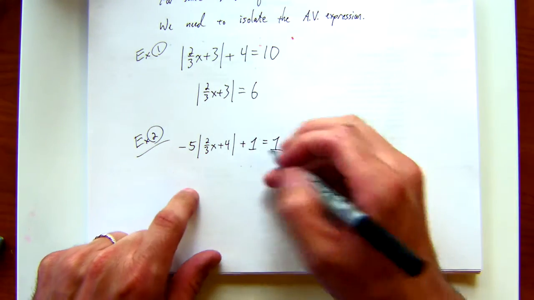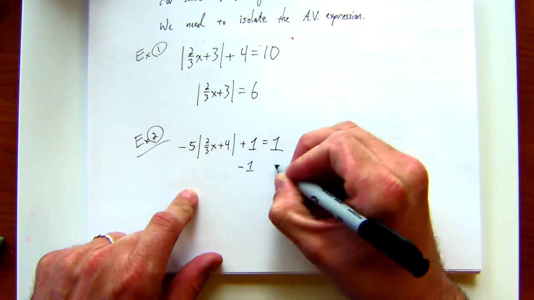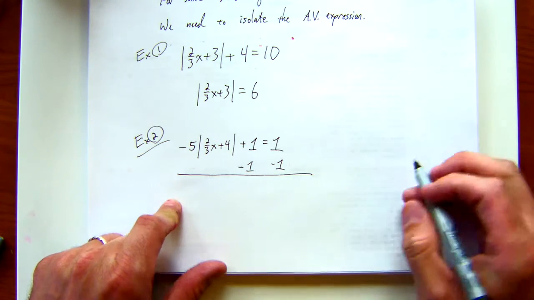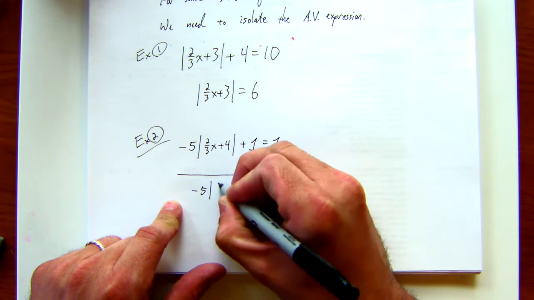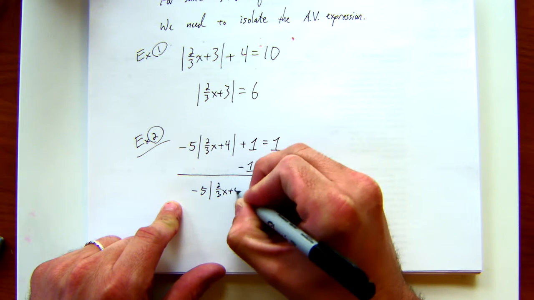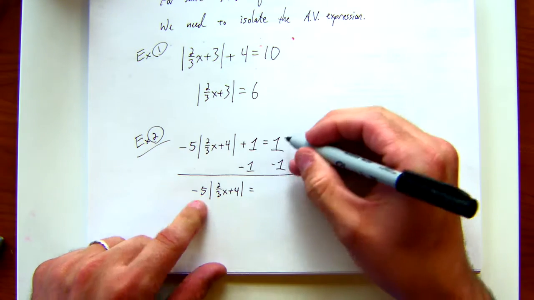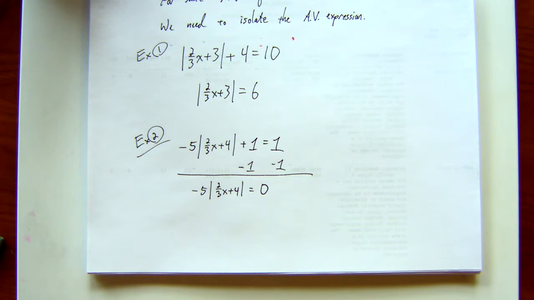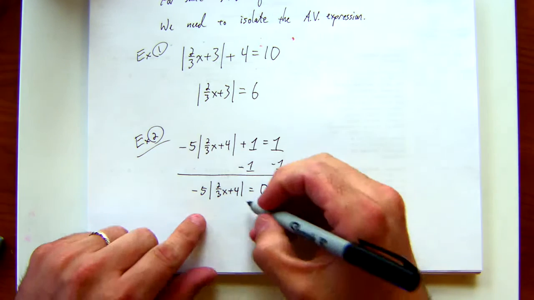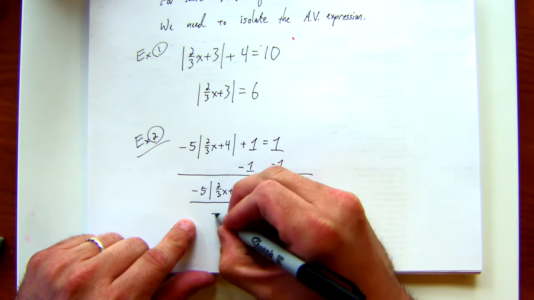But I think subtracting is easier. Subtract 1 from both sides of the equal sign. Then I still have negative 5 times the absolute value of 2/3 x plus 4 is equal to 1 minus 1, which is 0. Now I can divide by negative 5.